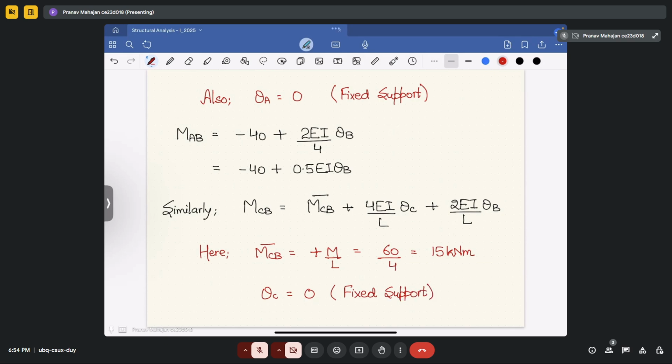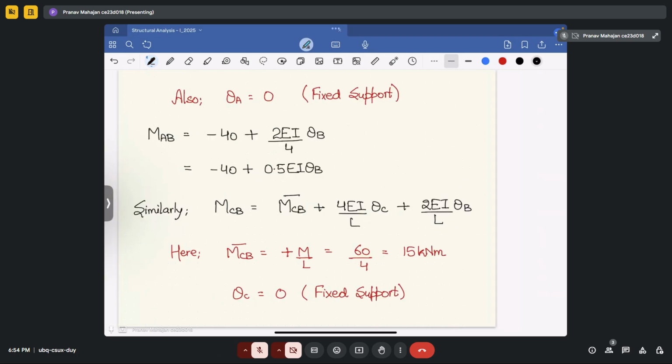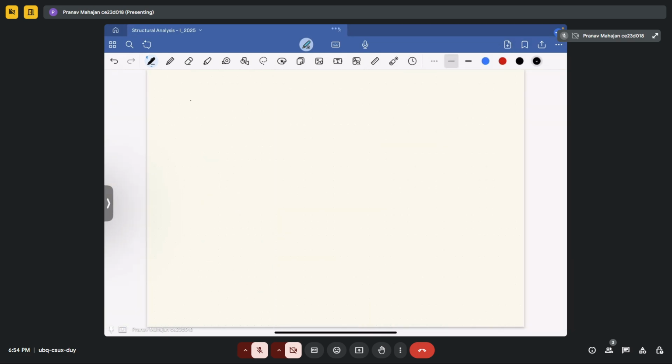And that will give you the equation MCB to be, so your MCB will be equal to 15, plus 2 EI upon L. Your L is 4 into theta B. That will give you the final value as 15 plus 0.5 EI into theta B. This will be the equation for MCB.